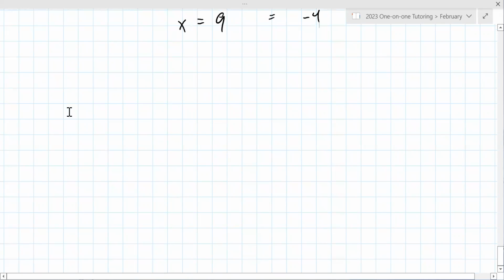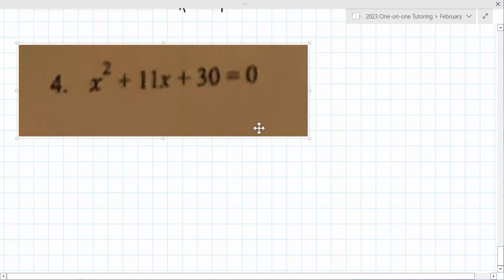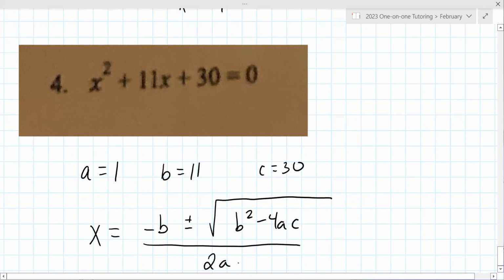Okay. We're gonna go through number 4. Same thing. It's probably our last problem here. So A equals 1, B equals 11, C equals 30. Write your formula every time. Minus B plus or minus the square root of B squared minus 4AC, over 2A.